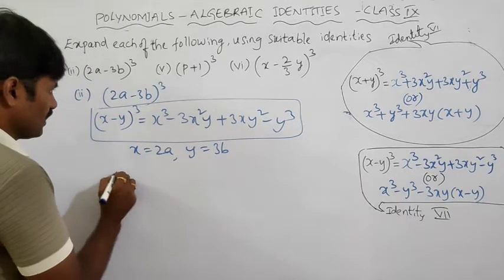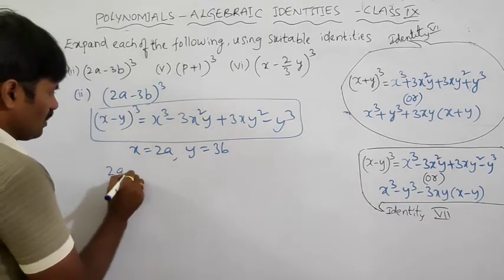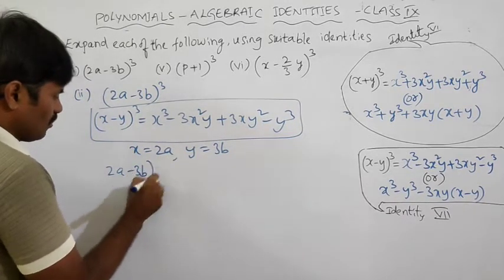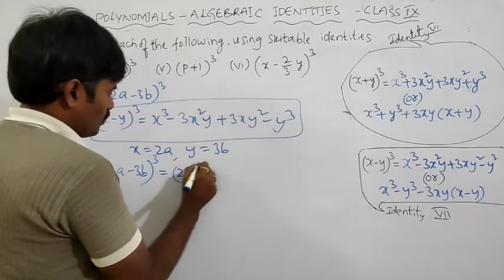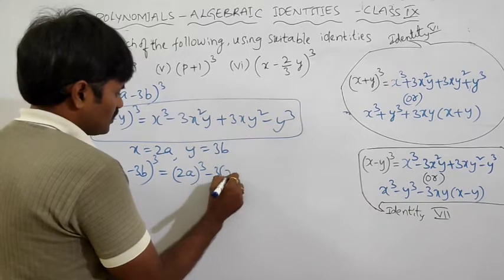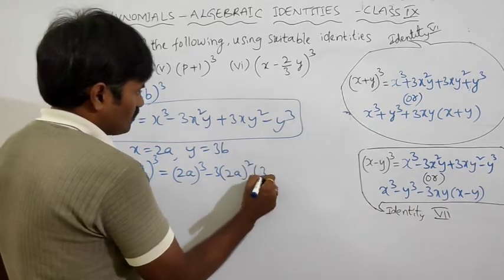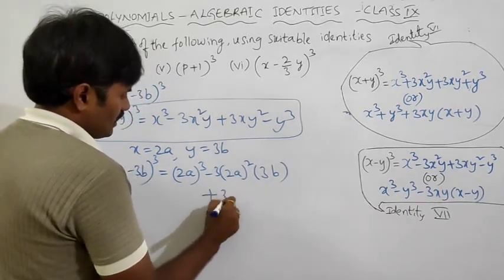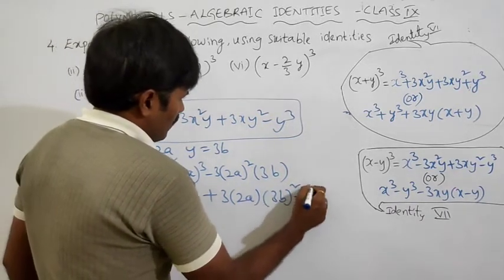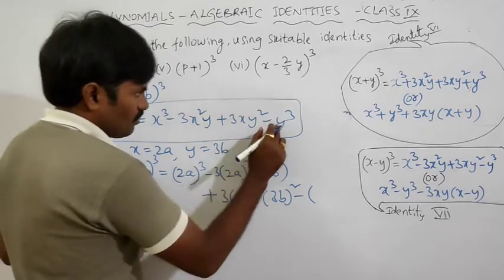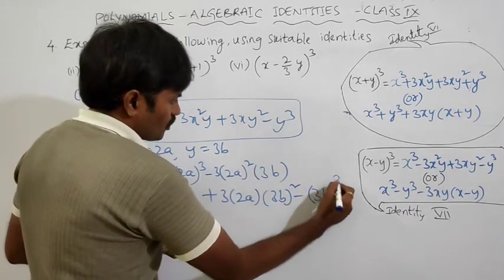Now substitute: x equal to 2a, y equal to 3b. (2a minus 3b) whole cube is equal to x cube, 2a whole cube, minus 3 into x value 2a whole square, y value 3b, plus 3 into x value 2a, y value 3b whole square, minus y cube, 3b whole cube.